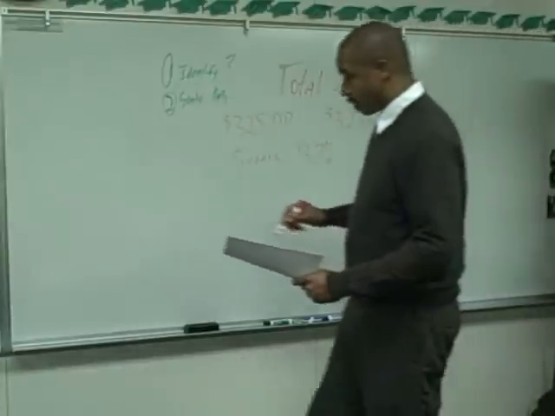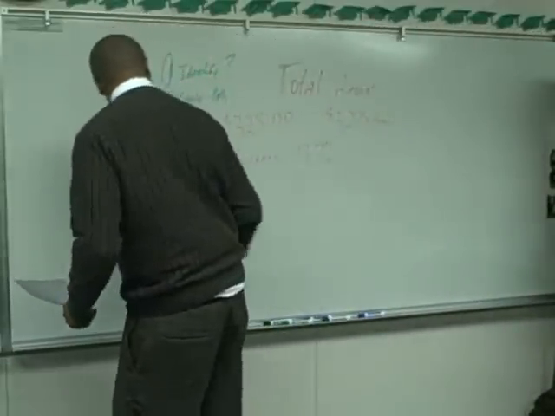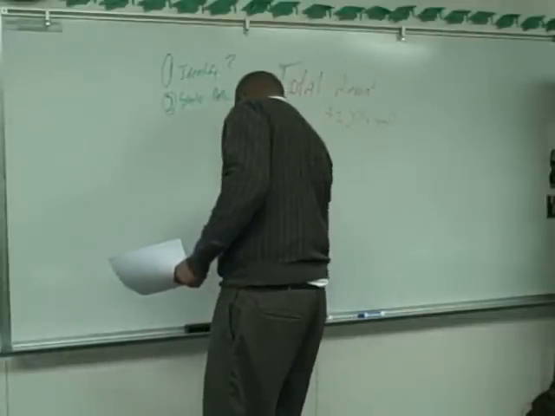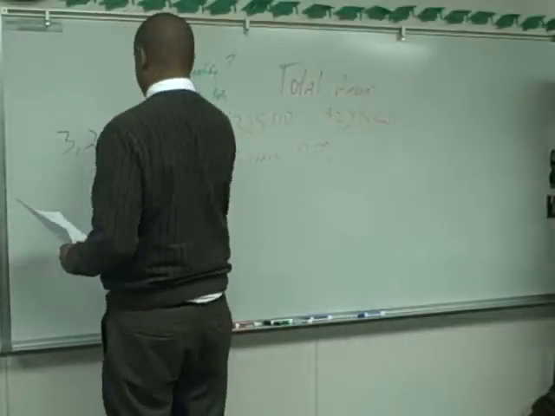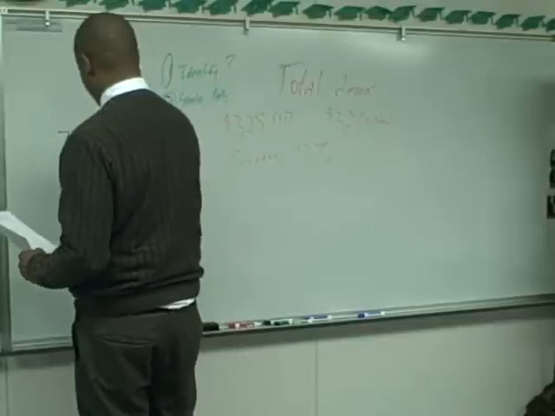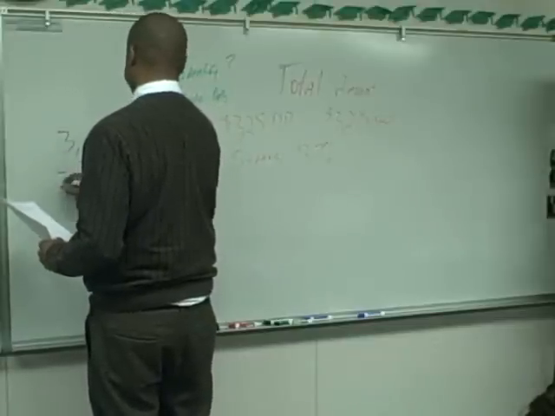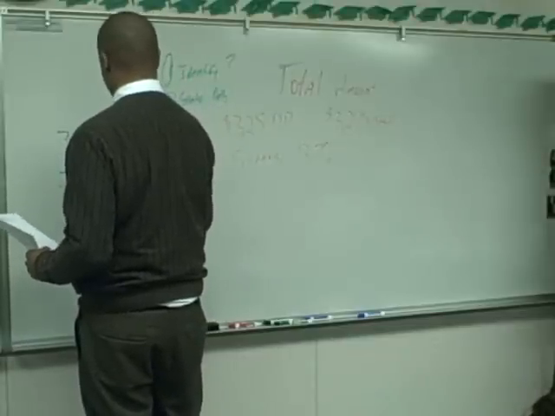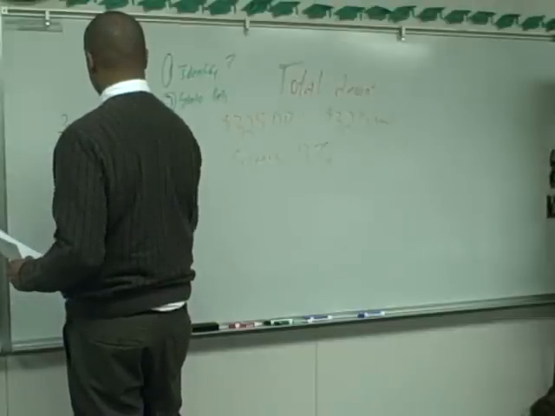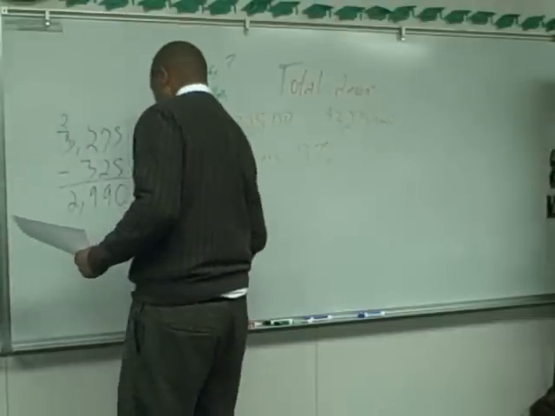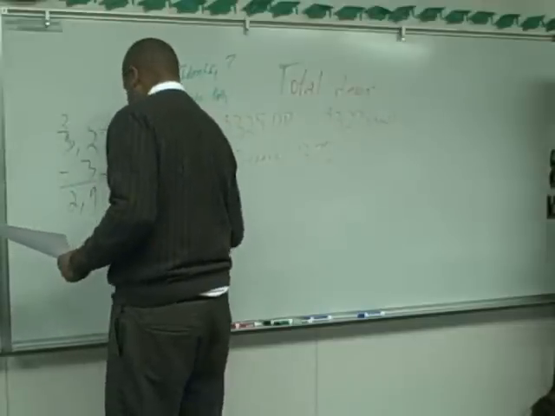Beautiful. The first thing we need to do is take the total cost, $3,275, and subtract the down payment. Okay? So we're going to get $2,950.